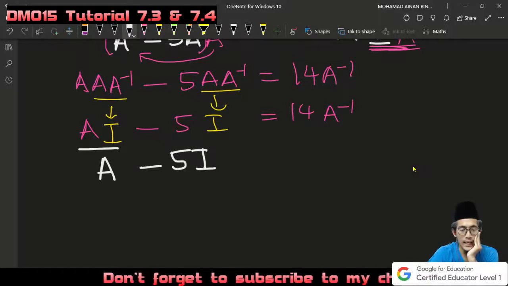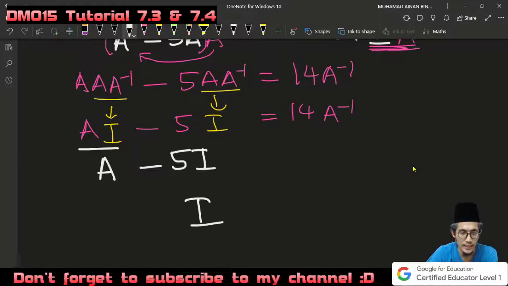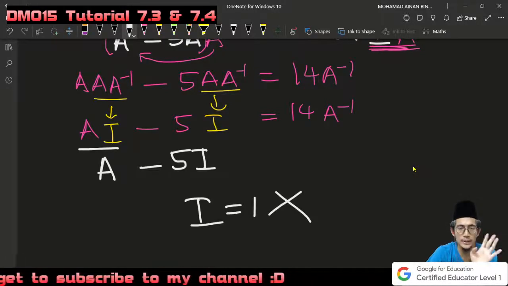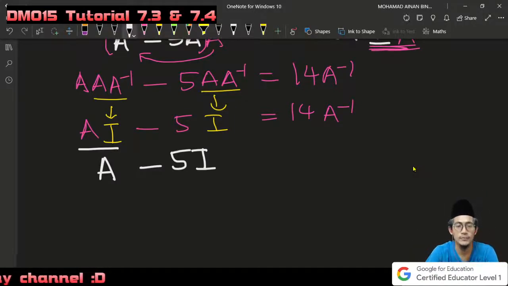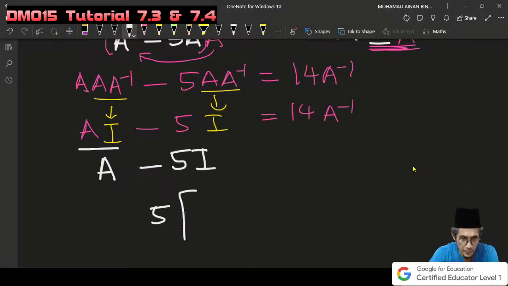5I. Don't think identity is one. Identity is not one. Identity is a matrix that has ones on the diagonal. It is different. So, 5 multiplied by I is 5 multiplied by the identity matrix.